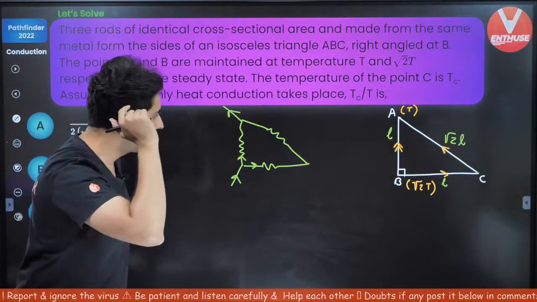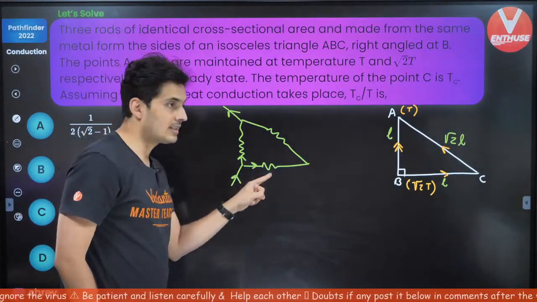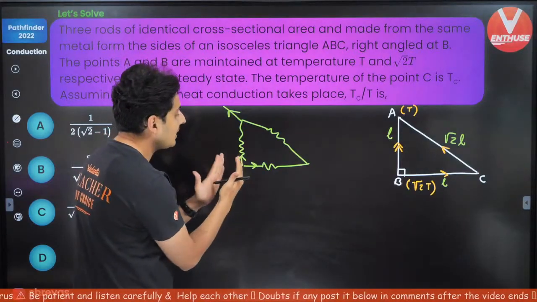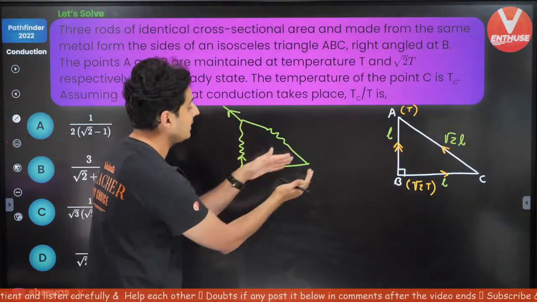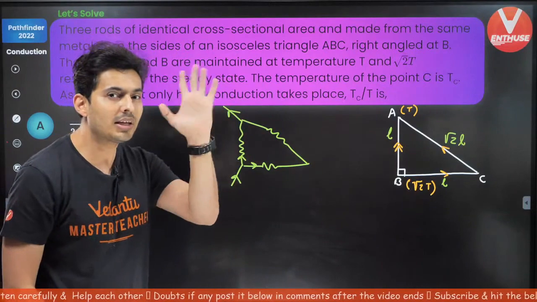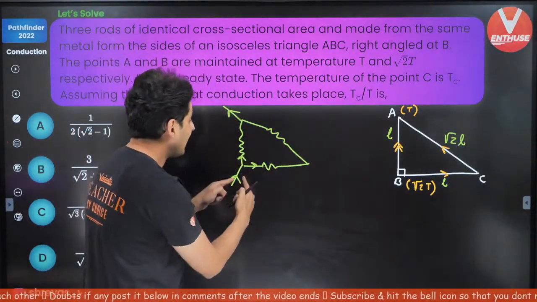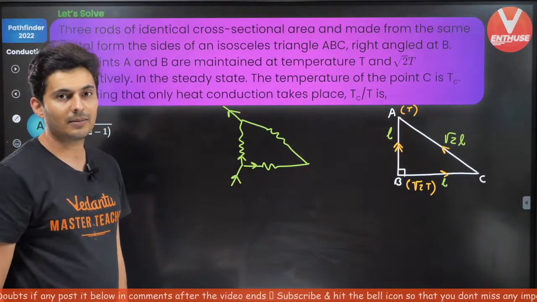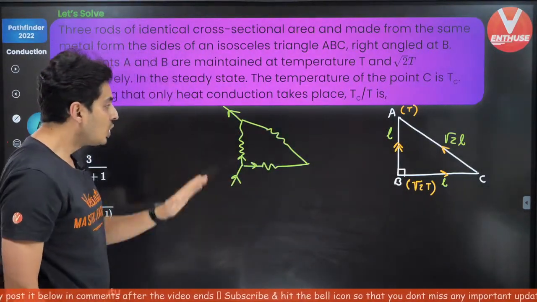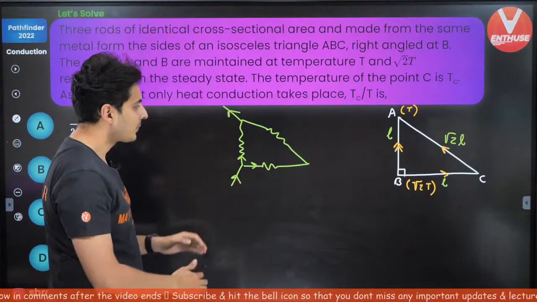Do you guys see that? We just assume that the heat current here and heat current here will be the same. But I don't think it will be the same. The reason is, whatever you get here and whatever you get here will not be the same. The resistances are different.